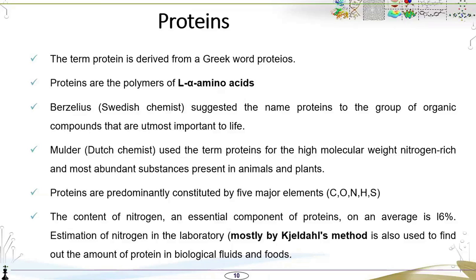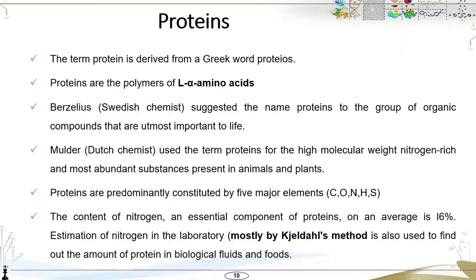Otherwise I will briefly revise the first slide. In the first slide, I talked about the word protein. It is a Greek word. All proteins are polymers of L-alpha amino acids. Two scientists, 150 to 200 years back, told that proteins are very important organic molecules to life.